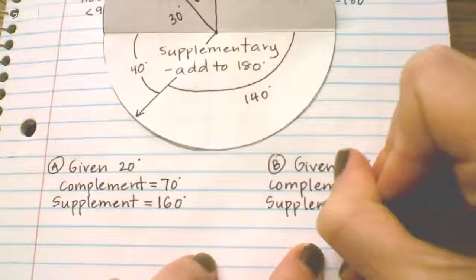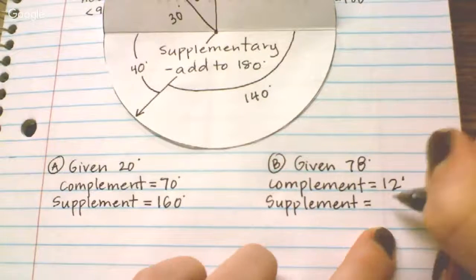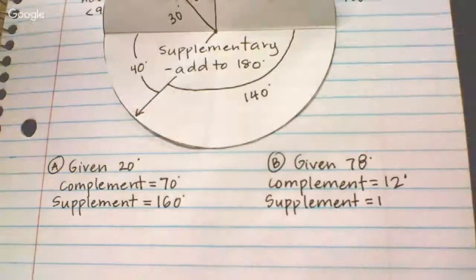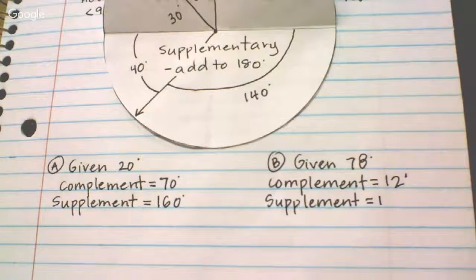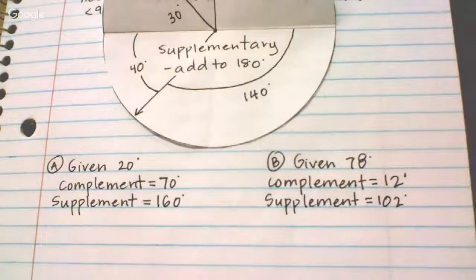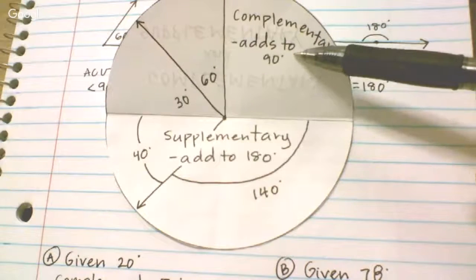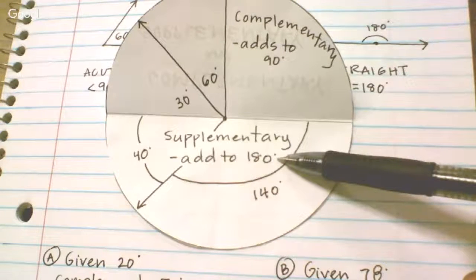Supplement equals 102 degrees. So you're just looking for how does it add to 90, how does it add to 180.